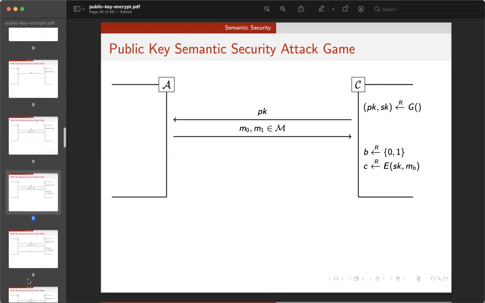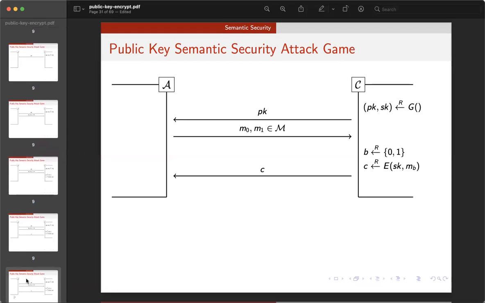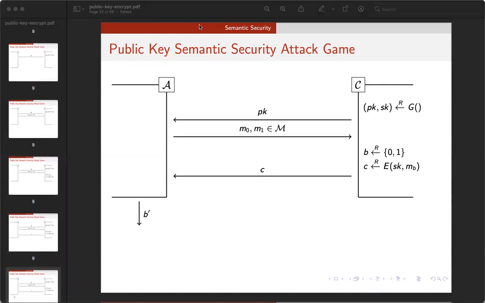And then they ask the adversary to, given that ciphertext, determine which message was encrypted. So I'm going to pause for a couple seconds and check for any questions.